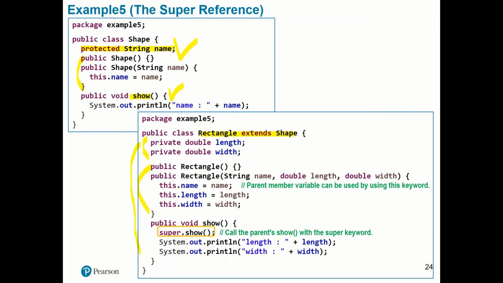And these are constructors. And this is the show method. In the show method, super.show is called. This means the parent show method. So we call the parent show method with the super keyword. Because show is in both parent and child, if you want to call the parent show, you must use the super keyword.